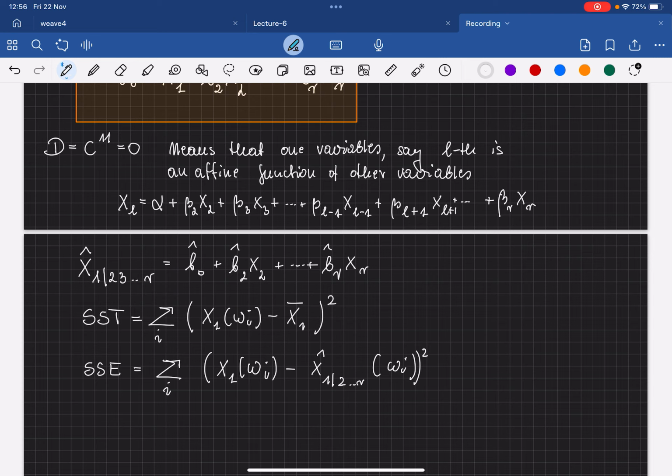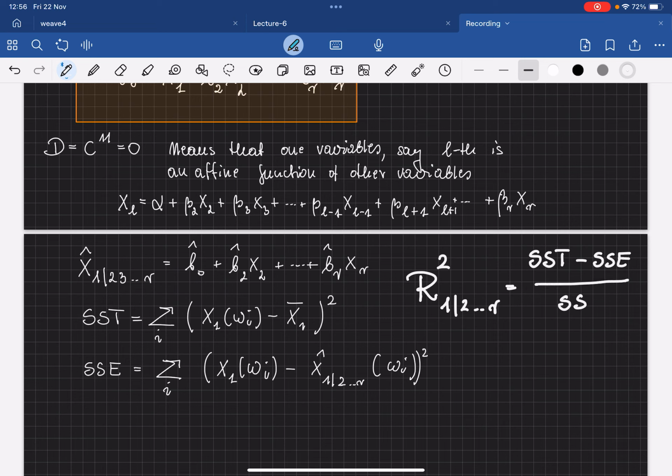Our measure of dependence is constructed as usual. This is a coefficient R squared. When we list whatever variables we use, so there will be 1, 2, up to r, what we have is SST minus SSE divided by SST.